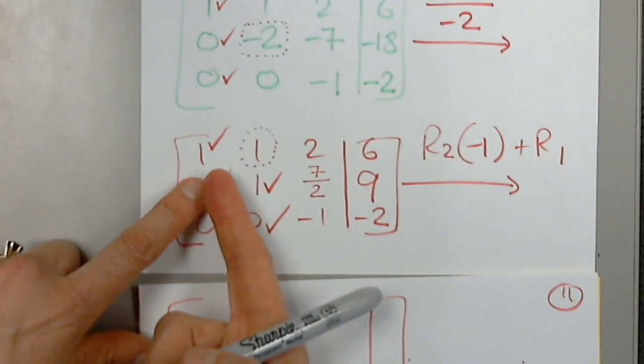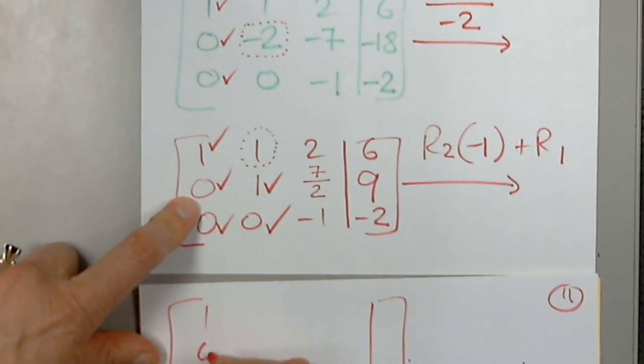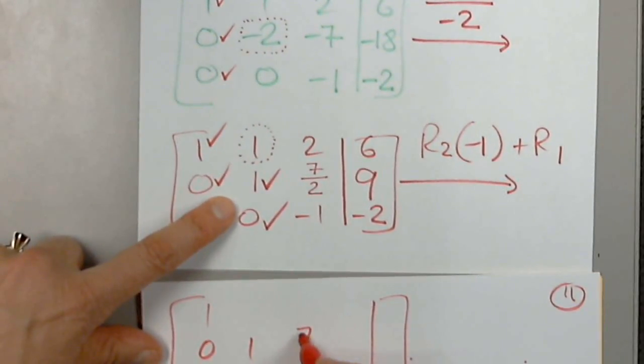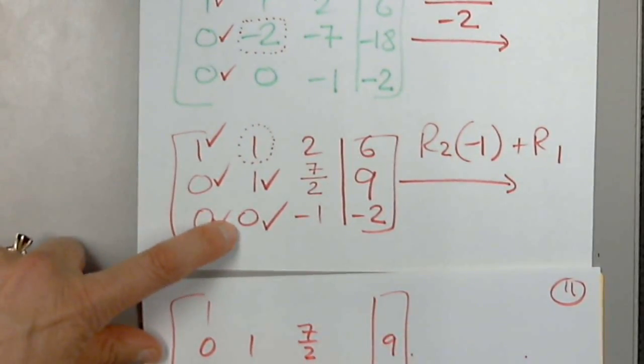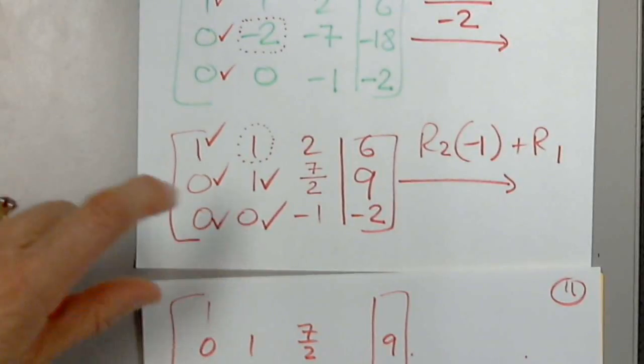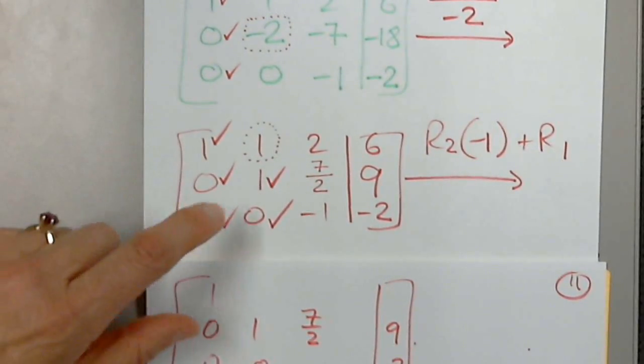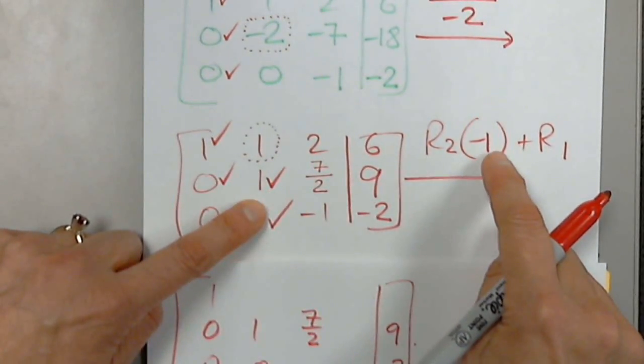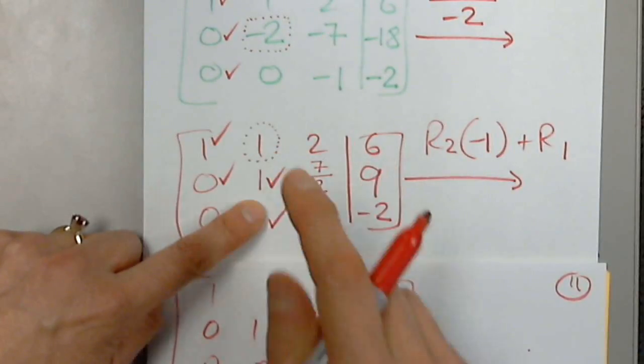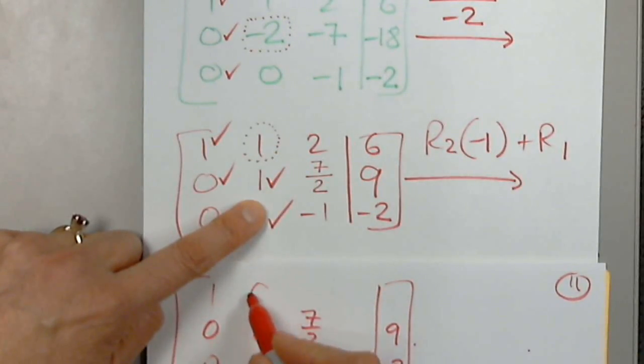I am copying 1, 0, 0, and 1, 7/2, 9, and 0, -1, -2. 1 times -1 plus 1. Perfect.